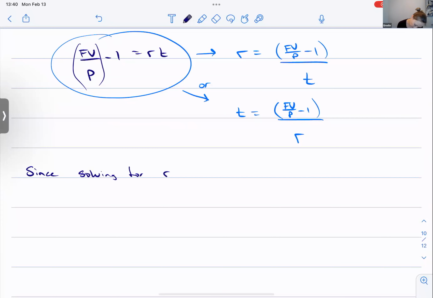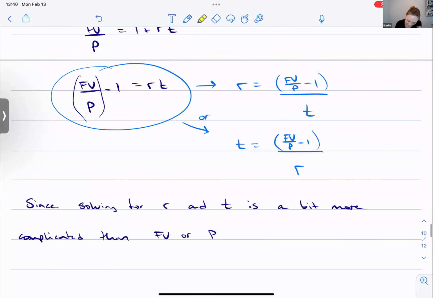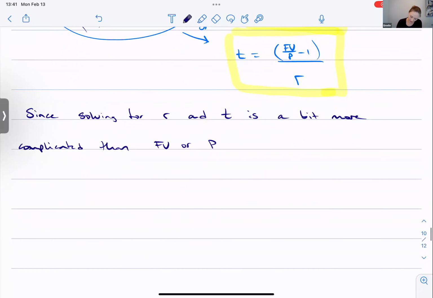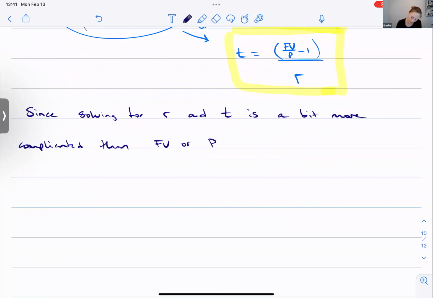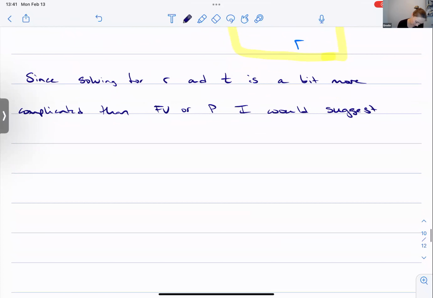Since solving for R and T is a bit more complicated than FV or P, I would suggest having these formulas, adding these to your formula sheet, and starting with the derived formulas.